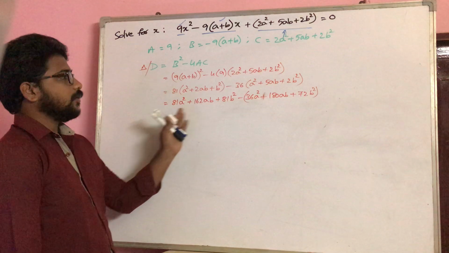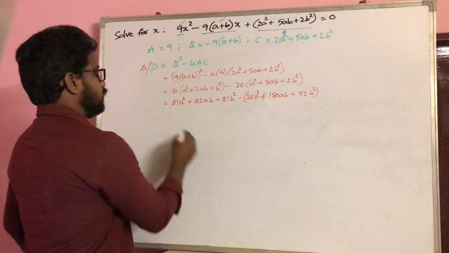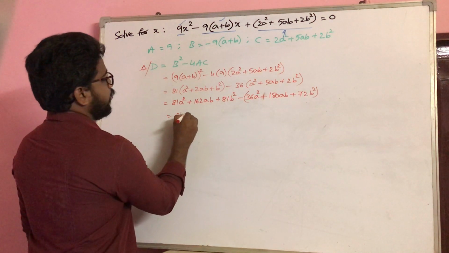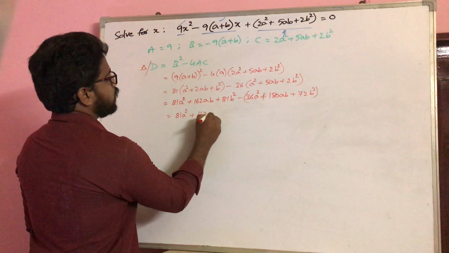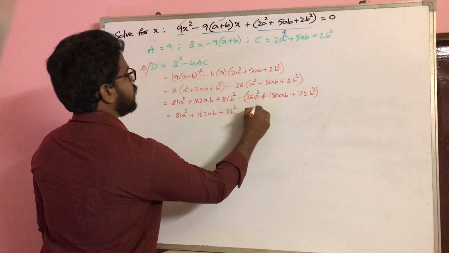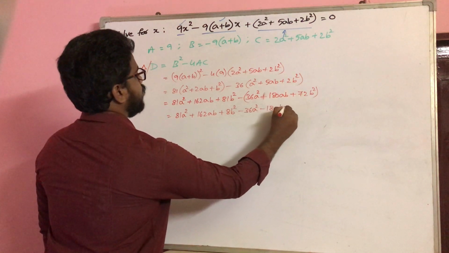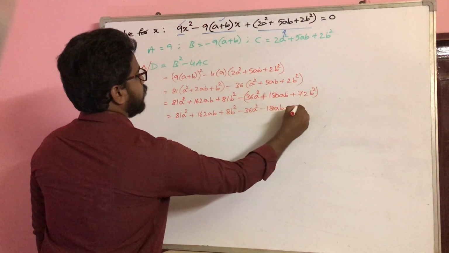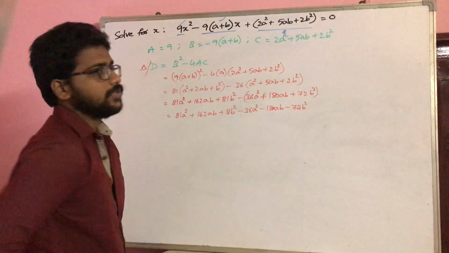If you remove the bracket by multiplying with this minus, you get 81a square, 162ab, 81b square, minus 36a square, minus 180ab and minus 72b square.